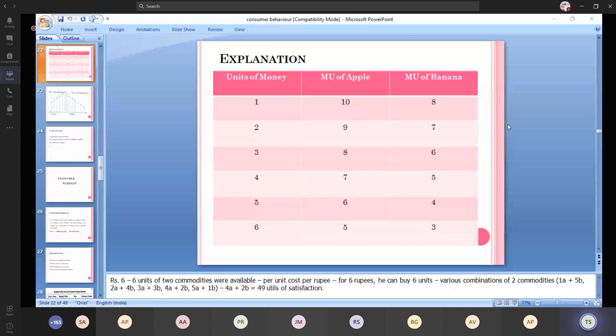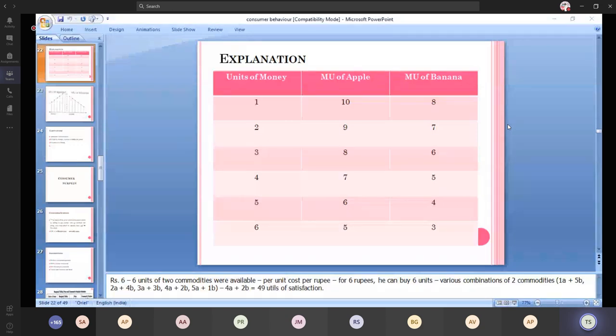Yes, ma'am. Yeah, okay. So in this table, out of the various combinations, a consumer chooses a combination which gives him the maximum total utility. Just according to our numericals, we calculated the total utilities of various combinations, and the consumer chooses the combination which gives him the maximum level of satisfaction.